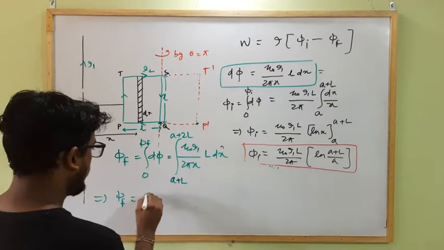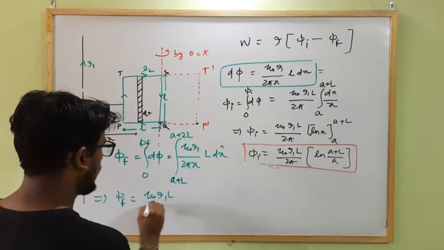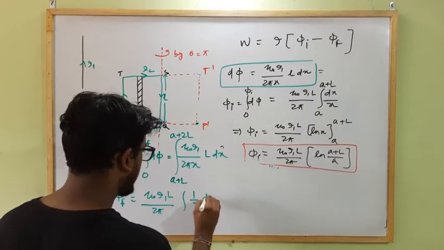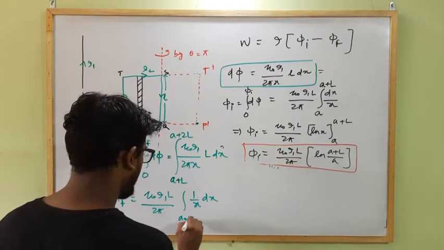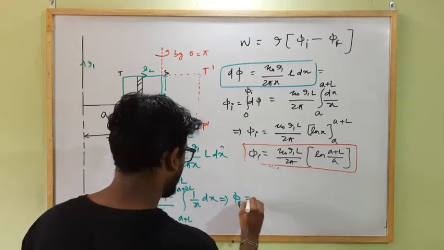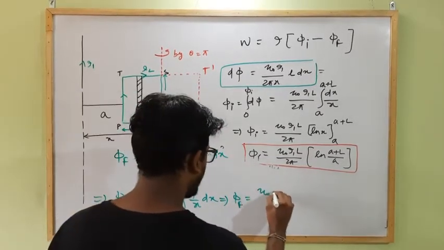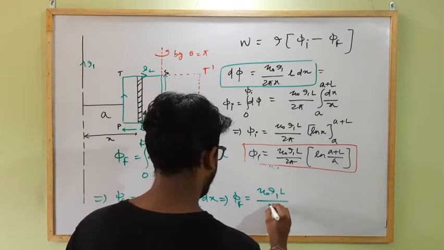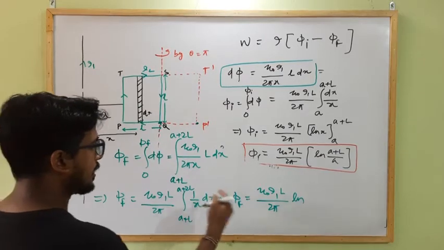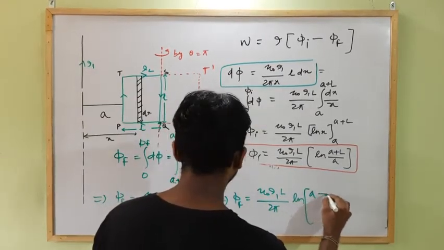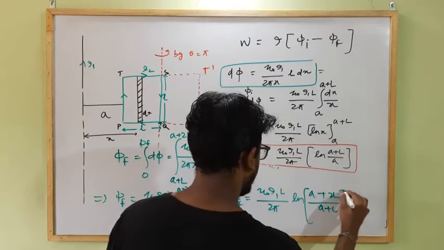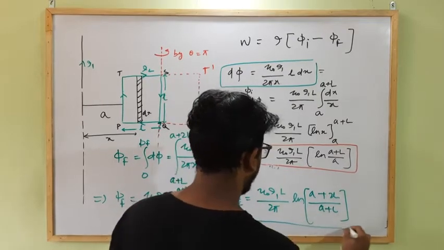It will be μ0 I1 L divided by 2π into the integration of 1 by x dx from a plus L to a plus 2L. So φ final is equal to μ0 I1 L divided by 2π into ln of (a plus 2L) divided by (a plus L). So this will be the expression for φ final.